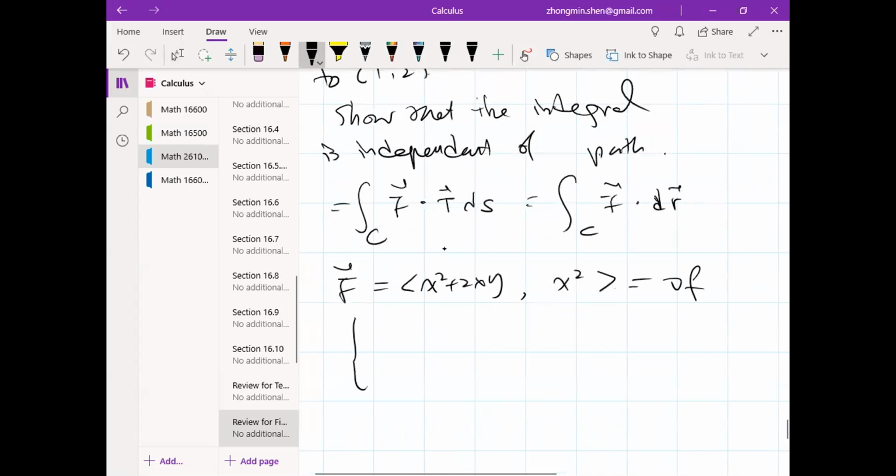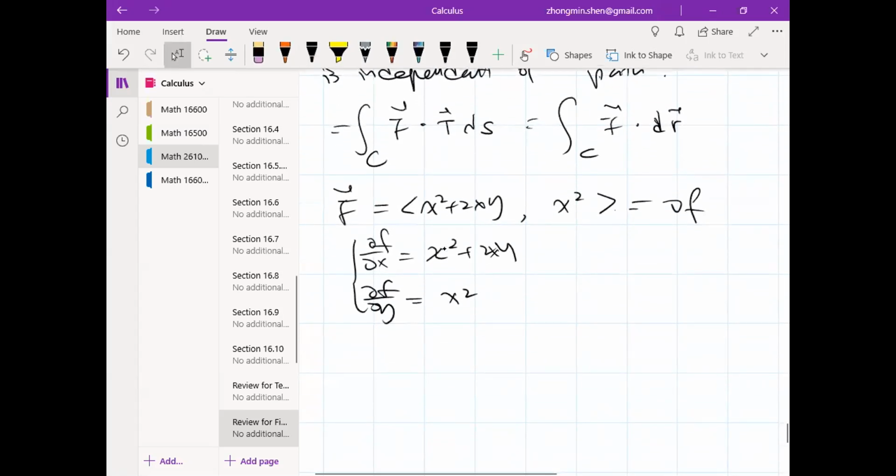So you just need to solve these 2 equations. Integrate the first equation with respect to x. You get 1/3 x cubed plus x squared y, plus a constant independent of y.